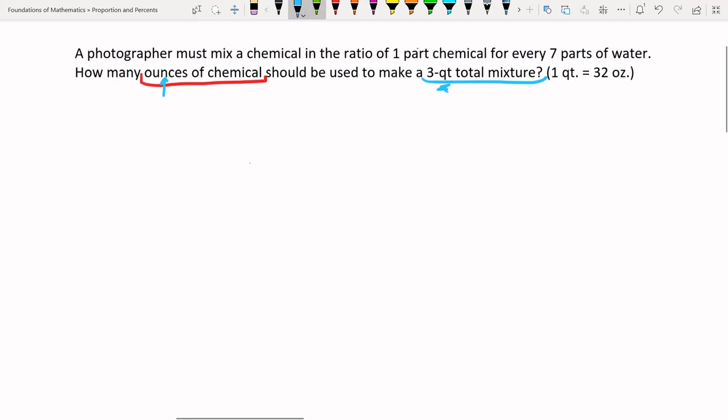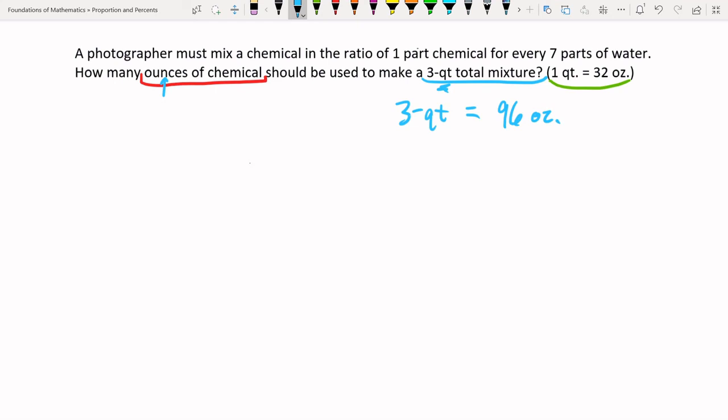Well, thankfully they gave us this conversion ratio. 1 quart equals 32 ounces. So 3 quarts is going to be 3 times 32, or 96 ounces.